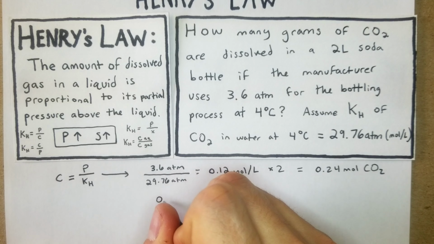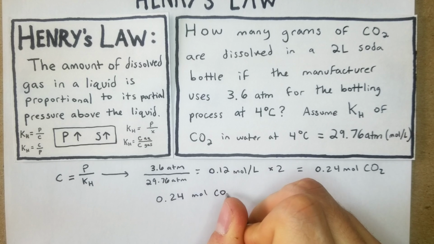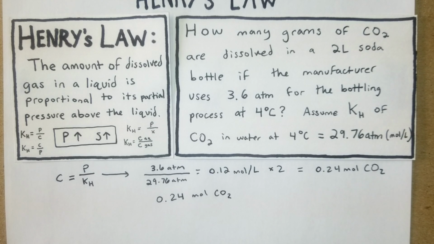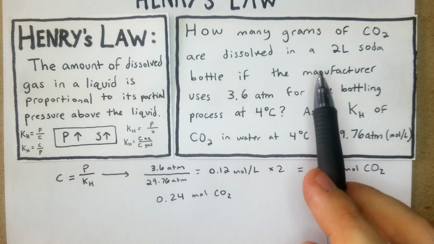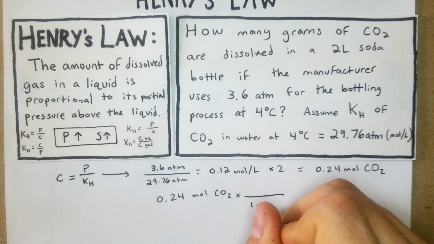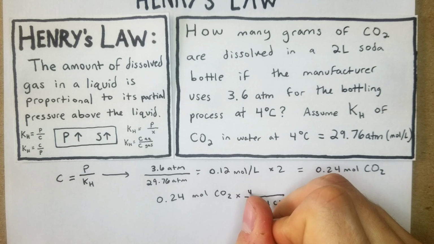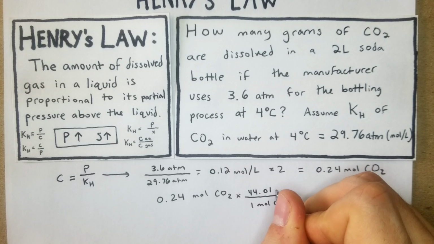Now we take 0.24 moles of CO2 and put that into grams of CO2, because it says how many grams of CO2 are dissolved. So from there, we're going to multiply by the molar mass, where 1 mole of CO2 is equal to 44.01 grams of CO2.